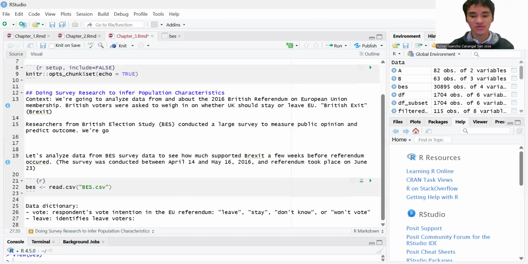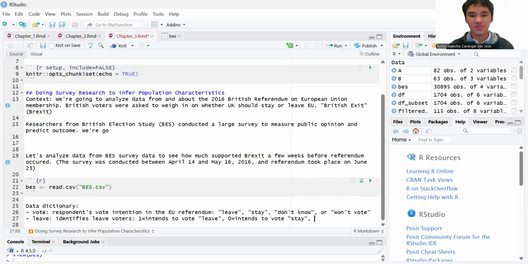And we can say one meaning intends to vote leave, and then zero meaning intends to vote stay, right?